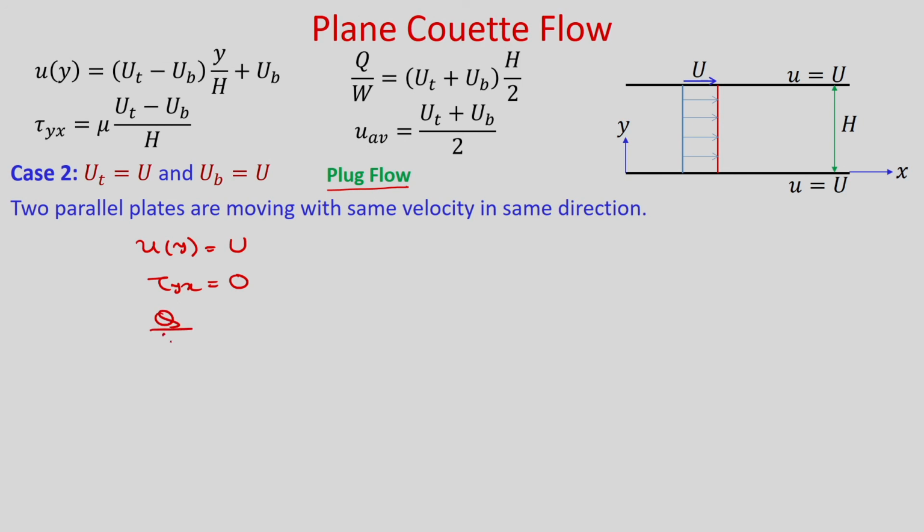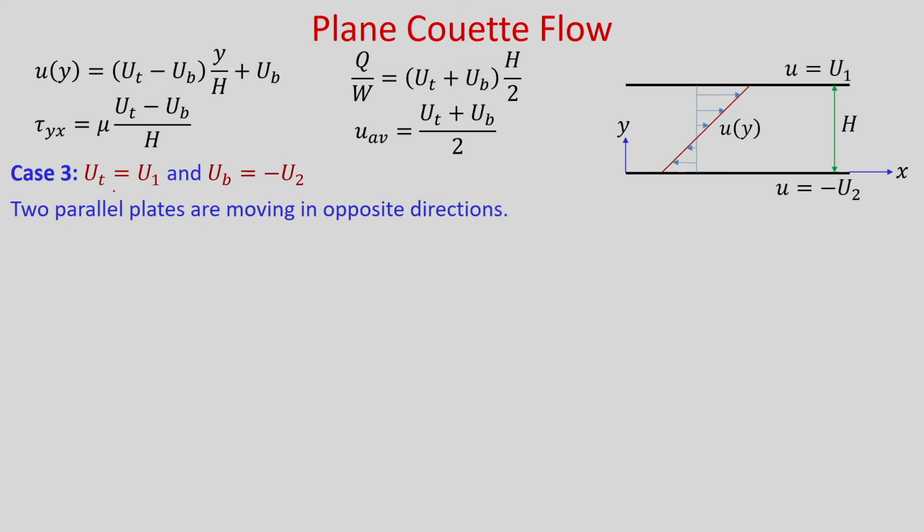Q/W will be U h, and u_average will obviously be U. So, the fluid will move as a solid body, because the whole fluid will move with a constant velocity U, and hence there will be no shear stress. So, tau_yx is 0. So, it is known as plug flow.